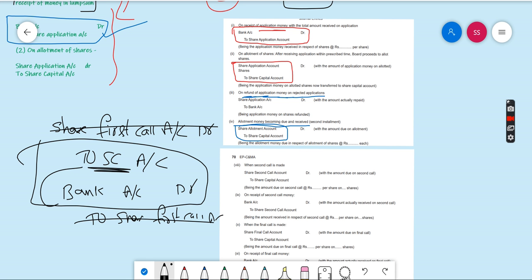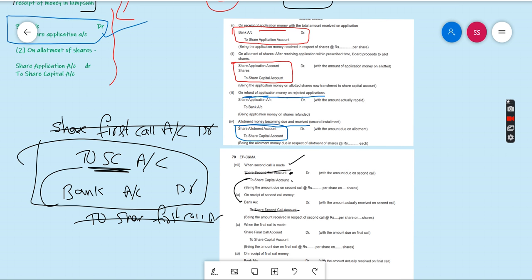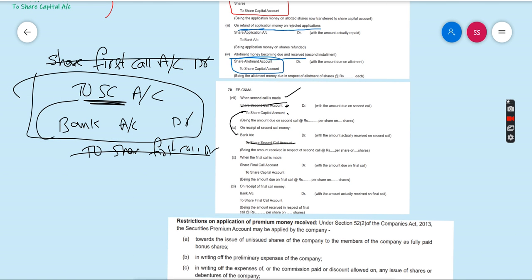Let's see the second call. In the second call, the due entry is made. Again, share second call account debit to share capital account. And when you receive the money, bank account debit to share second call. So here share second call and share second call will get cancelled. The money will be transferred ultimately to the share capital account. And the same goes for the final call.